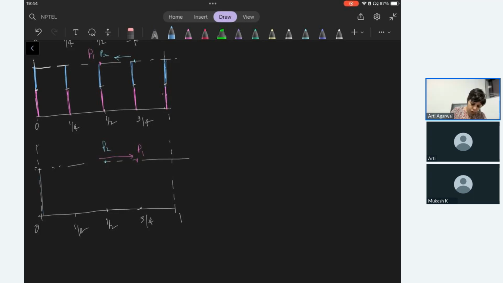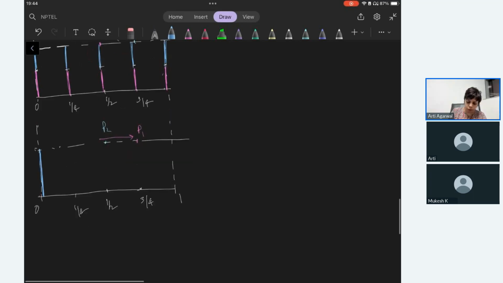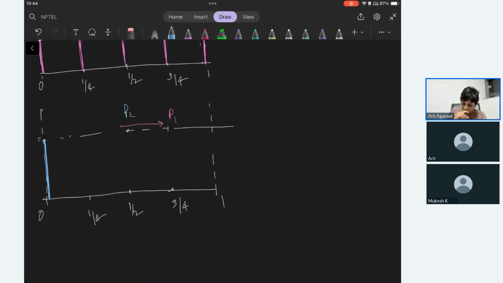So all of the people at 0 are going to vote for P2. People at 1 by 4 also. P2 is the closest candidate. They're going to vote for P2. People at half, again, P2 is the closest candidate. So they are going to vote for P2. See, P2 has already gotten 3 by 5 of the vote share. Rest of the game doesn't matter even.